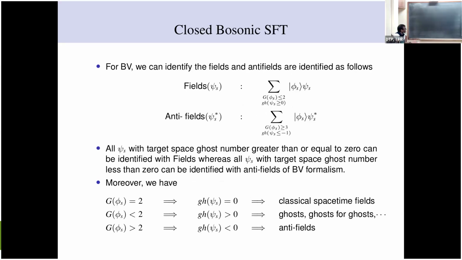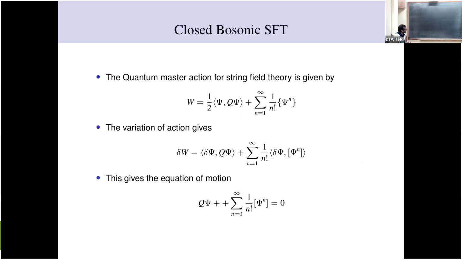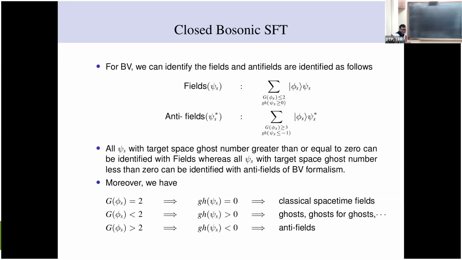But first, let's see why this has the natural BV structure. We had this general string field, which was a general element of this Hilbert space. It has a Gauss number with all possible values from minus infinity to plus infinity. We decompose this in two ways.